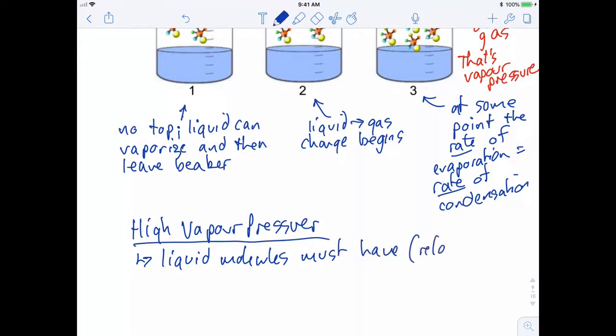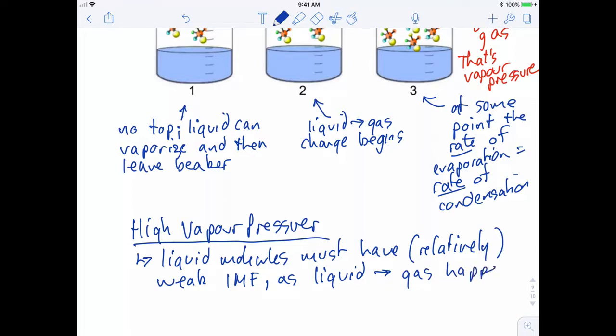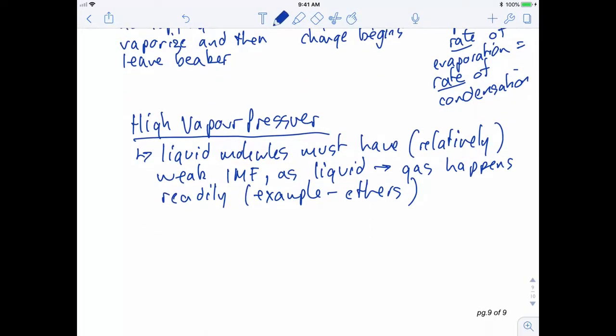On the other hand, if the liquid molecules have, relatively speaking, weak intermolecular forces, then they're going to easily go into the vapor phase. This would produce a high vapor pressure. The liquid particles are converted to vapor, and the vapor is above the liquid, more particles, greater vapor pressure, and again, it's due to weak intermolecular forces. Ethers are a good example of this, commonly liquid phase, but quite easily converted to the gas phase.